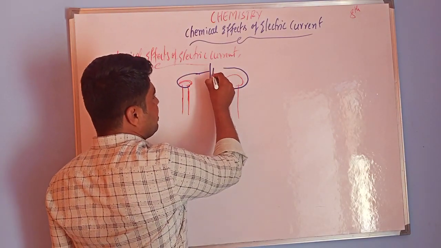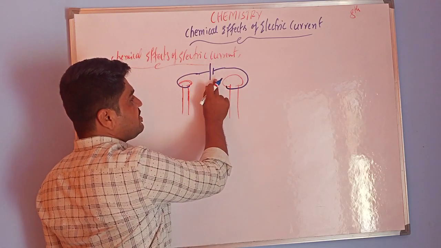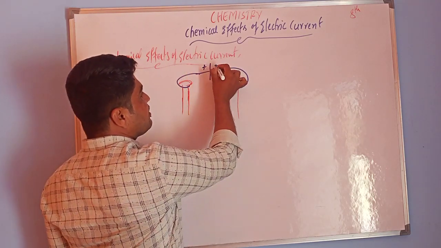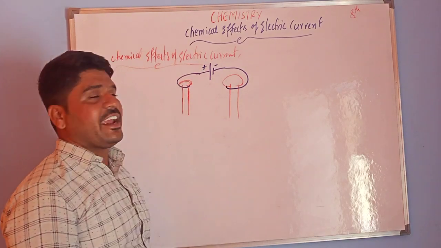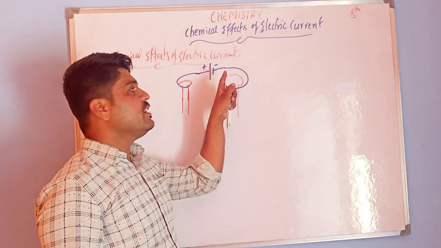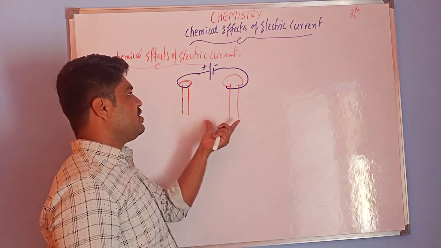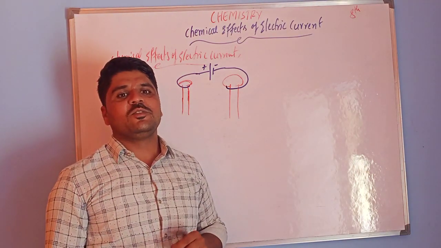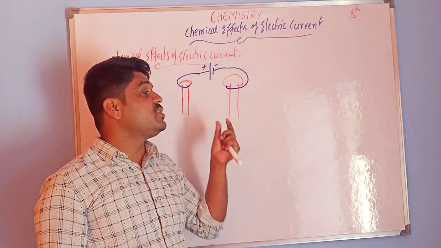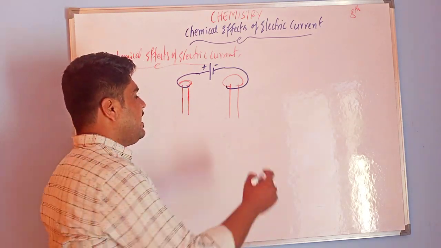In the battery symbol, one long line indicates the positive end and the small line indicates the negative end. This is a battery, and to it I am going to connect two rods. These two rods we call electrodes.